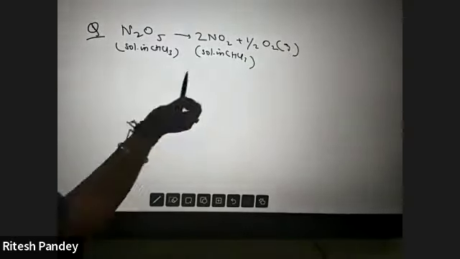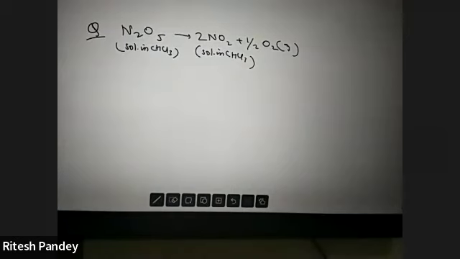This naturally is the gaseous form, which is insoluble in CHCl3. It's first order kinetics. And you have to prove that in terms of volume of the gas, which is oxygen, I hope I am being understood.